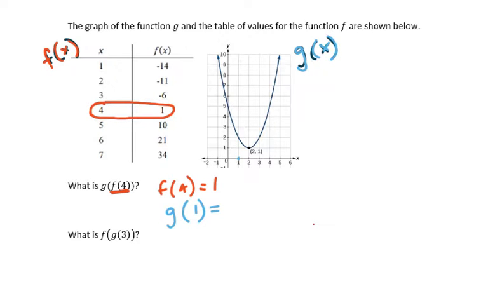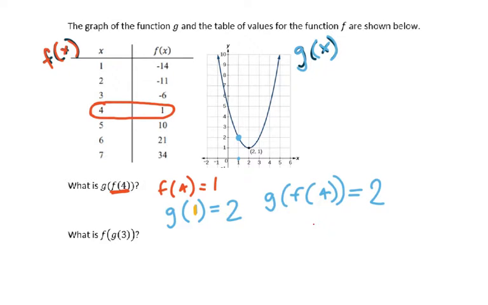We know that when x equals 1, our y value, our output, is going to be equal to 2. So first we found out what f of 4 was equal to, and that is 1. We substituted that value in for f of 4, and we determined that g of f of 4 is equal to 2.